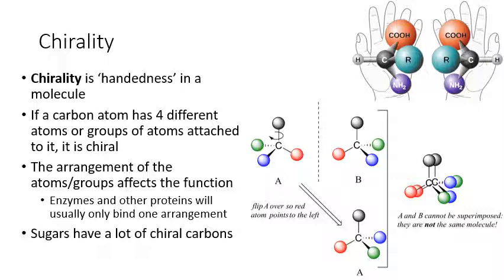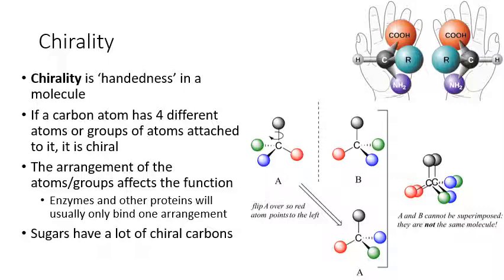So that means, for instance, for amino acids, the ribosome has to be able to stick them together and catalyze the formation of peptide bonds between them so that it can build a protein. The ribosome is only able to do that with amino acids that have the right handedness. So let's say they have to be left-handed, and the ribosome can combine amino acids that are all left-handed and catalyze peptide bond formation between them.